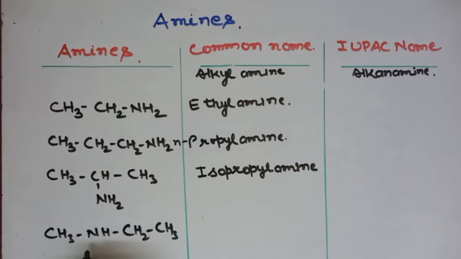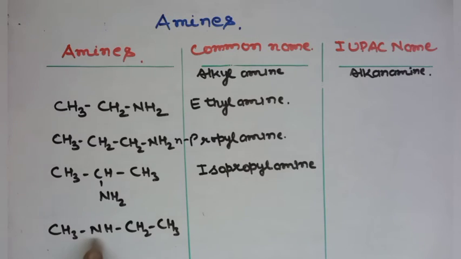Now in the case where the amine has alkyl groups on both sides, if we have a secondary or tertiary amine, this has an alkyl group on both of its sides. So we will name first the alkyl group which has alphabetically the most priority.